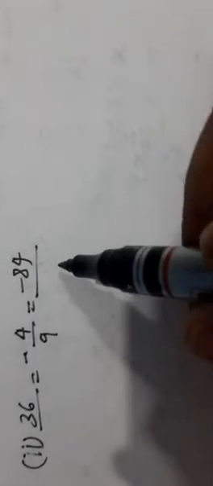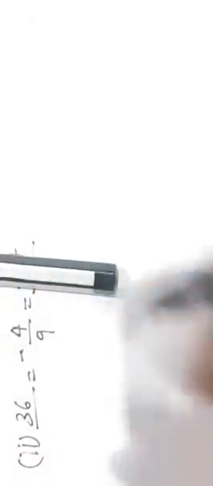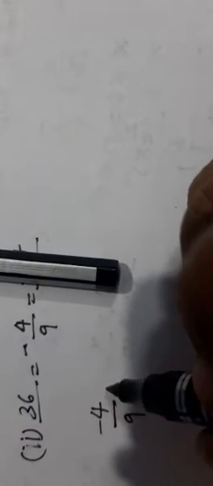So the next one has 3 rational numbers again. Here let us consider these 2 rational numbers, first and second. When we do this, first let us write the complete rational number given to us, minus 4 by 9, and to get 36 in the numerator, with what you multiply minus 4 to get 36, children?